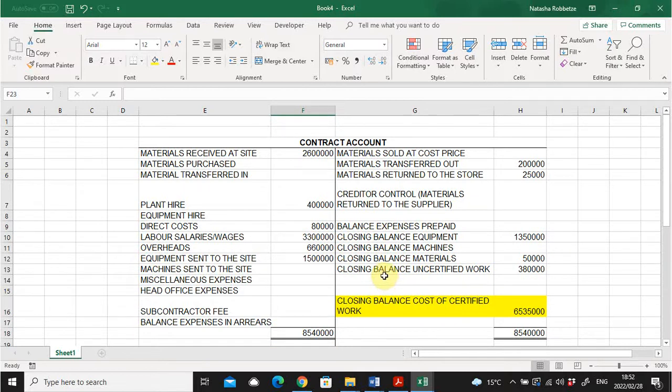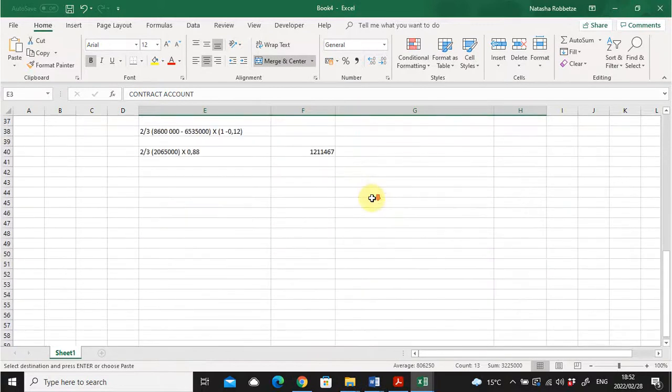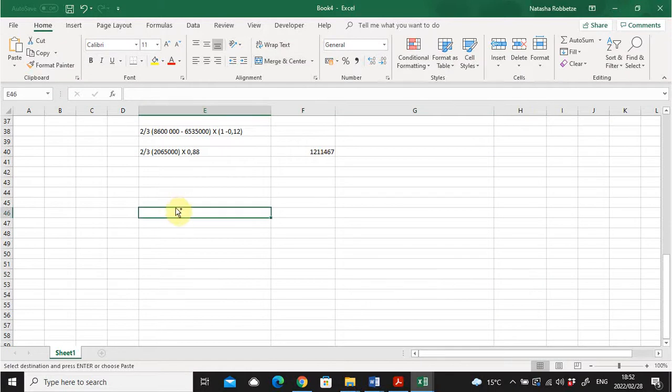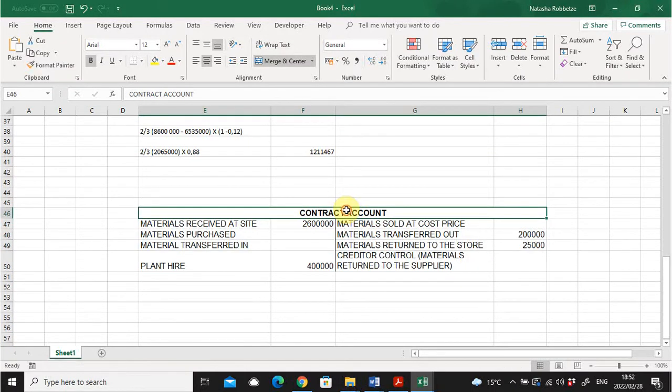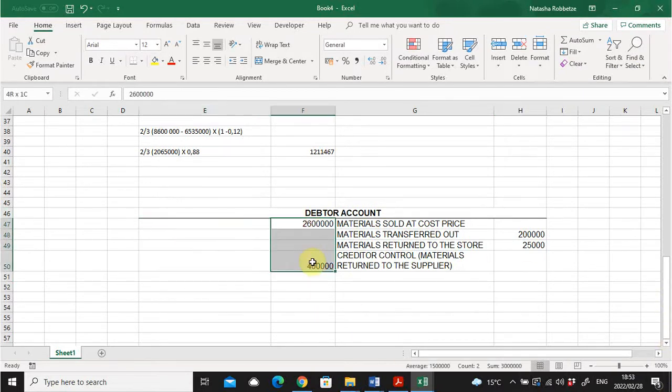They also ask us to do the ledger account for the debtor, which is very, very easy. I'm just going to copy this so that I have a layout. And of course, this is now going to read debtor account. Then I'm going to delete all of this so that I have an empty T account.